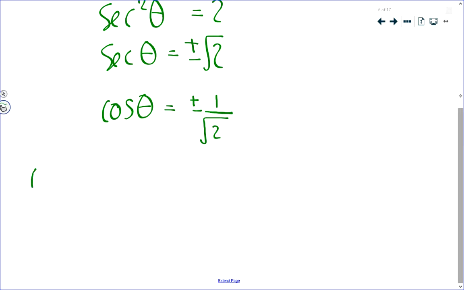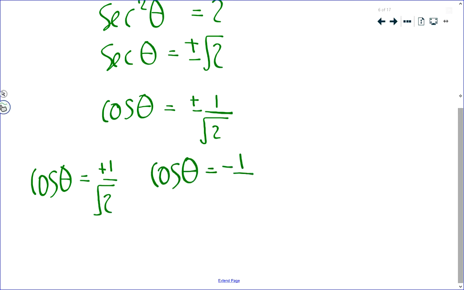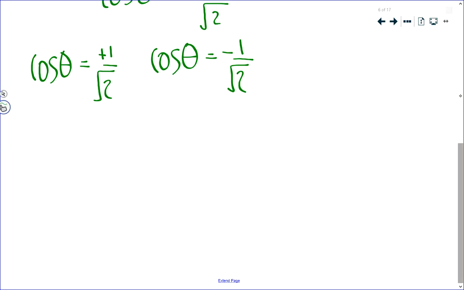Now what's interesting here, I find it interesting anyway, is you still get two linear equations. You get cosine of theta equals positive 1 over root 2, and you get cosine of theta equals negative 1 over root 2. Now, again, I'm forcing you to use your unit circle here. So let me draw a circle again.